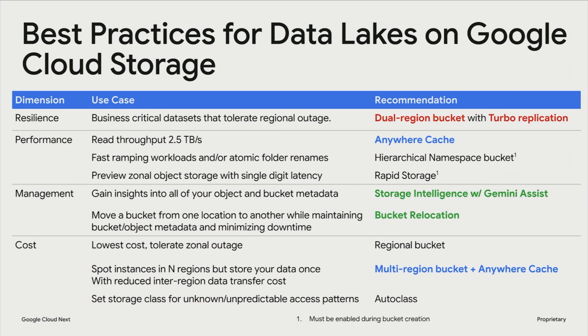And we talked about using regional buckets and different storage classes to help you save your cost on Google Cloud Storage as well. So that's a quick summary of how you can build the best open data lakehouse on top of GCP, on top of Google Cloud Storage. I hope that you find it useful, and I encourage you to give it a try.